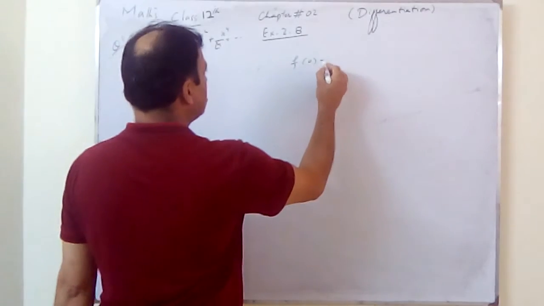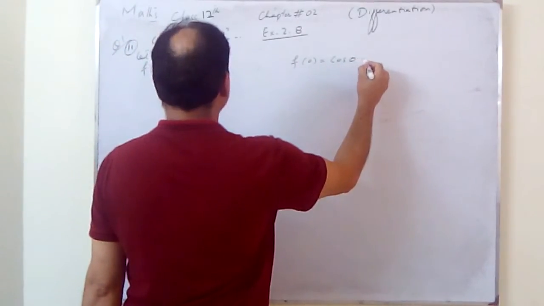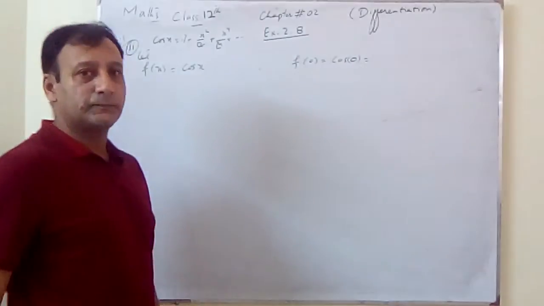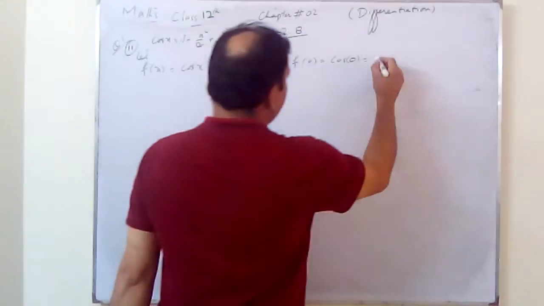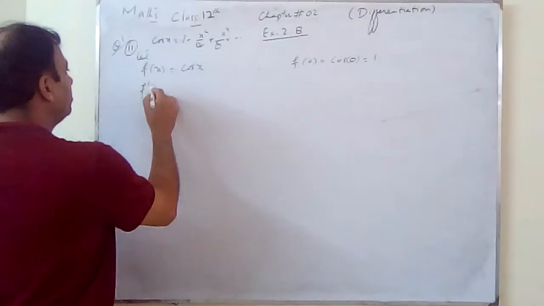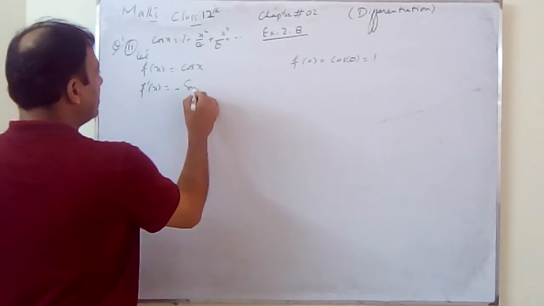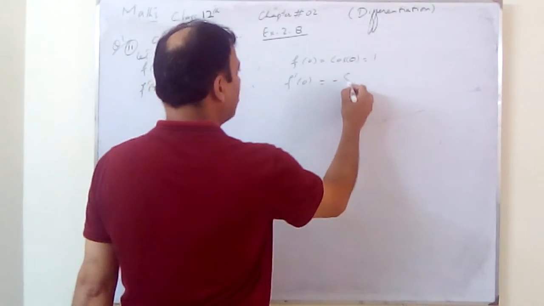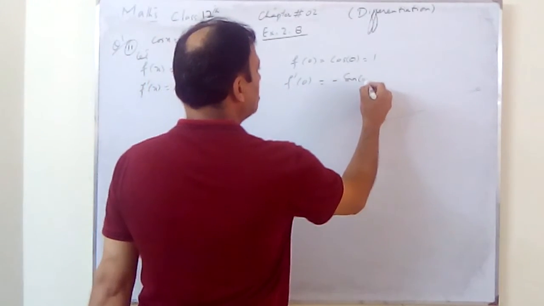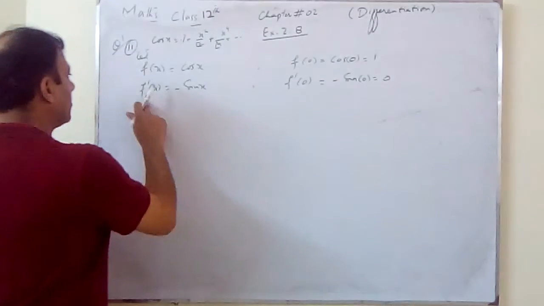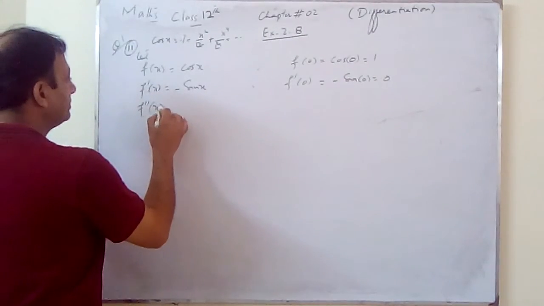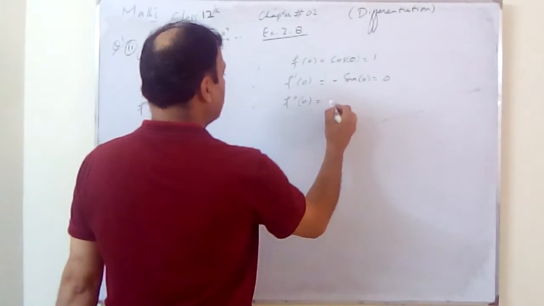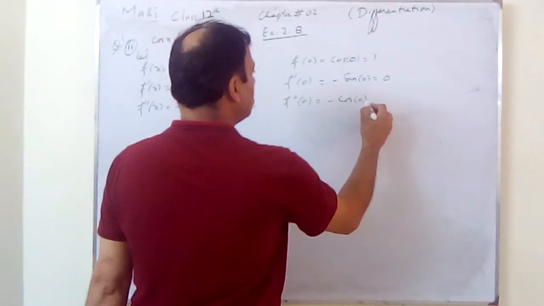f of 0 is equal to cos 0, which is 1. First derivative is minus sin x, so first derivative at 0 is minus sin 0, that is 0. Second derivative is minus cos x, so at 0 that is minus 1.